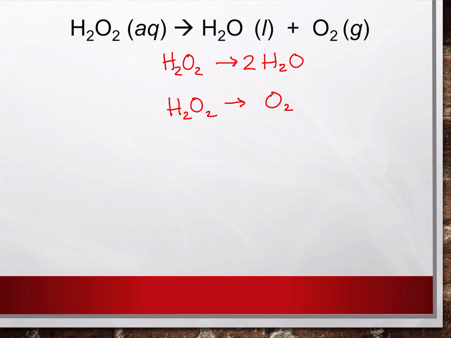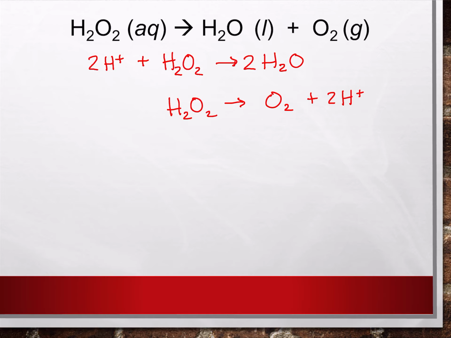So in the top reaction, we have 2 hydrogens on the left, 4 hydrogens on the right, so we are going to add 2 H+ to the left. In our second reaction, we have 2 hydrogens on the left and none on the right, so we're going to add 2 H+ to the right-hand side. Now we need to go through and add our electrons so that they're balanced.